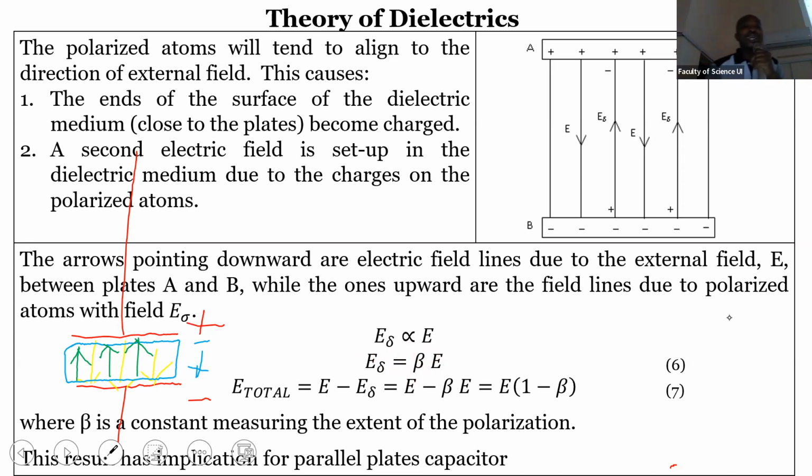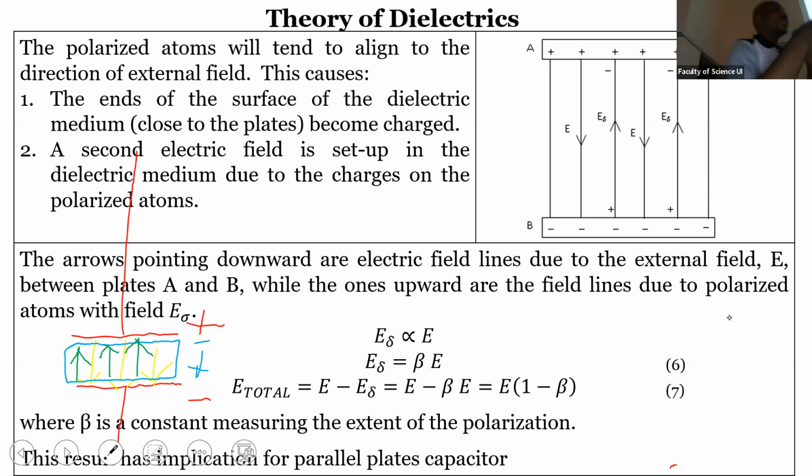So the total E is that we add E to E delta. We add the external field to the field created in the insulator.